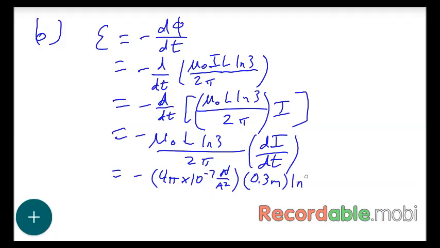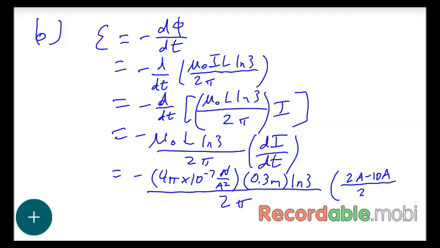Then ln 3 all over 2 pi. Then di over dt is the change in current over change in time. In this problem, current final minus current initial is 2 A minus 10 A over the change in time, which is 2 seconds, and that was given to us in part B.